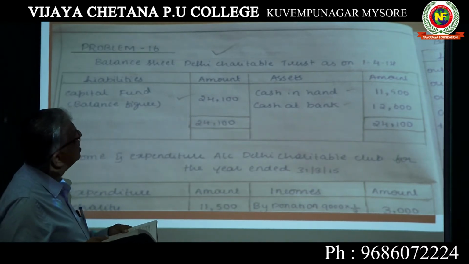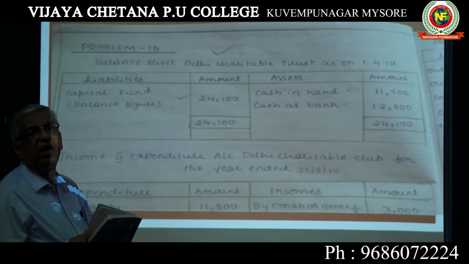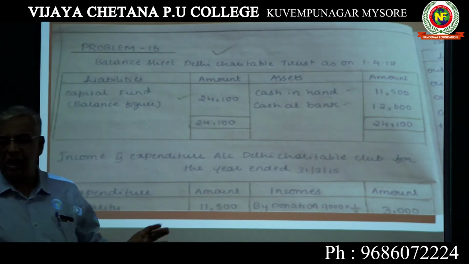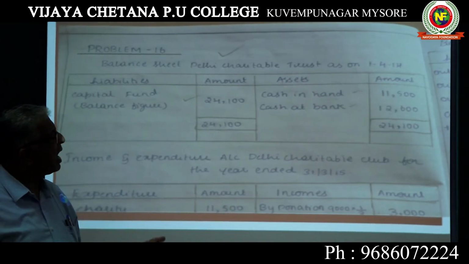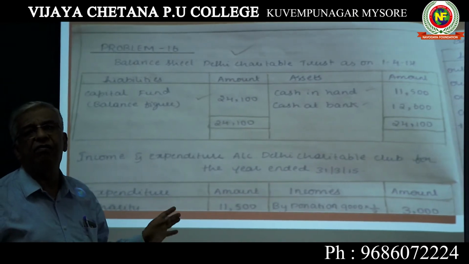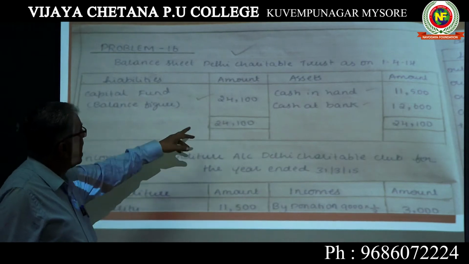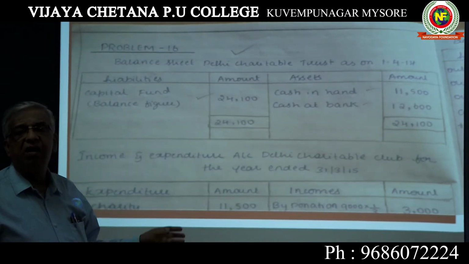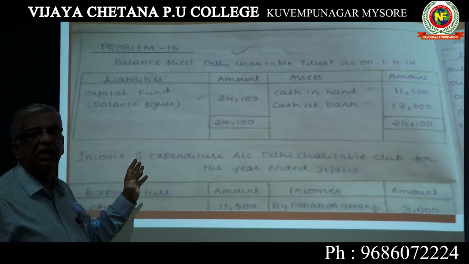Apart from this, no other assets are given. If no other assets are given, then the cash in hand and cash at bank itself is the capital fund, students. In this problem, other assets such as furniture, building and books are not given.